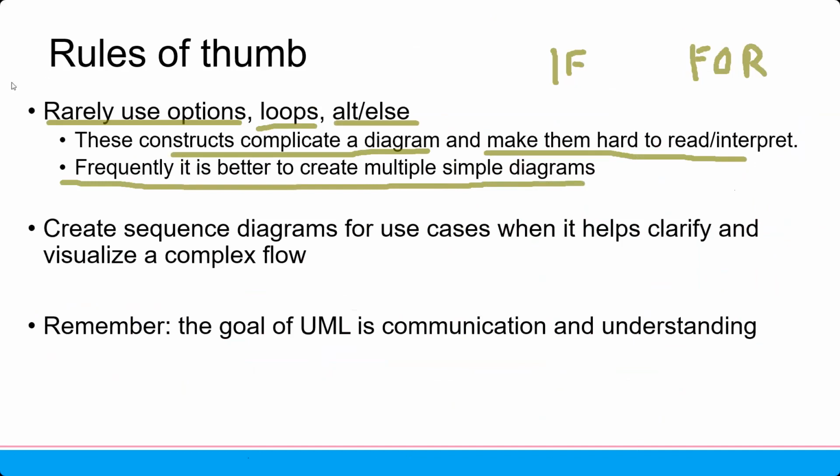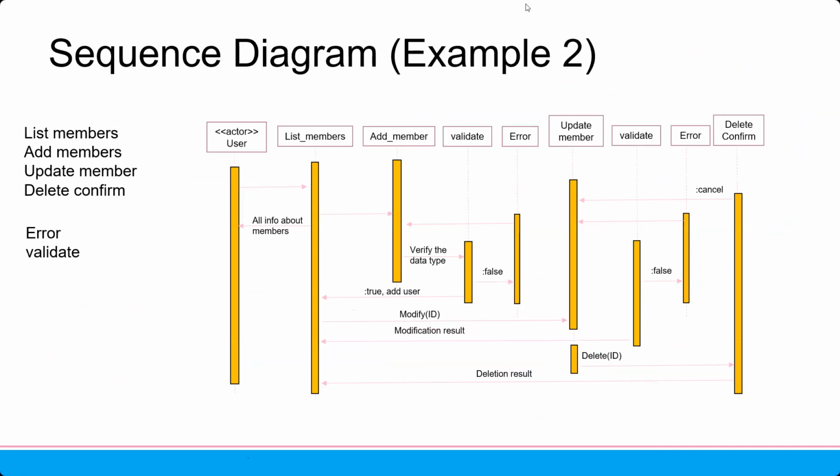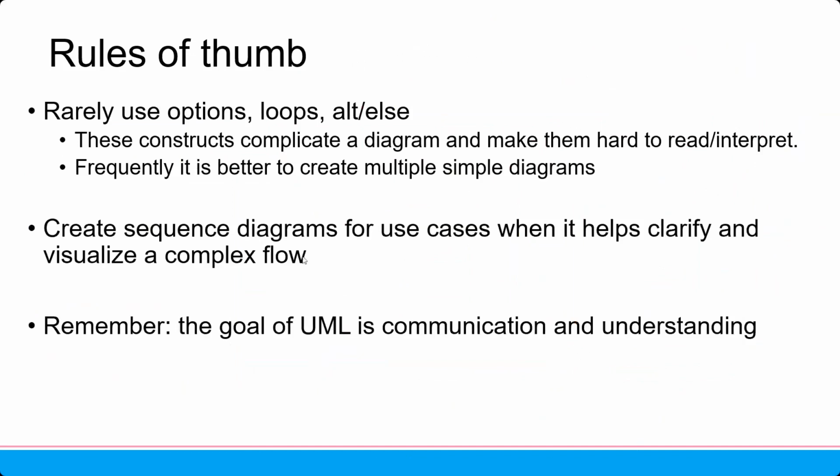Later on, when you do your program, I guess your sequence diagram will be very complex. If it is very complex, it's better to make it a kind of subsequence. So you don't need to put all in one sequence diagram, but make multiple simple diagrams.